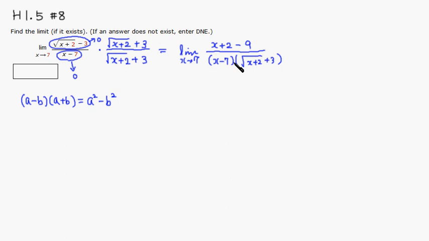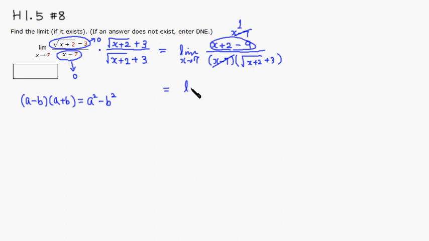Right, so if you combine together, you can see that the numerator is x minus 7. Right, so you can cancel x minus 7 on the bottom and x minus 7 on top, so you're going to have 1 on top. Alright, then maybe I should clean it up first.